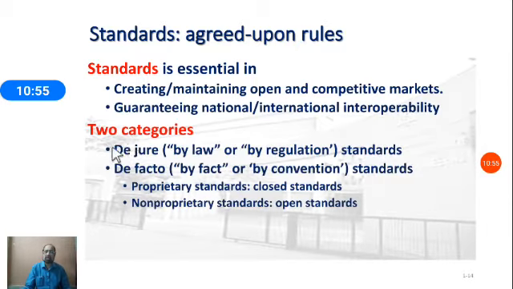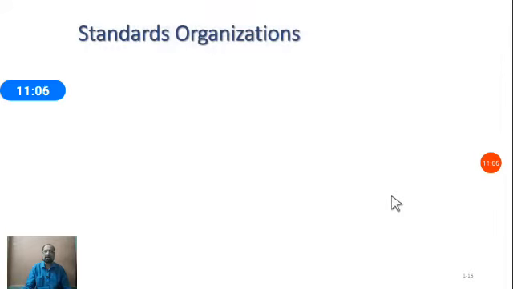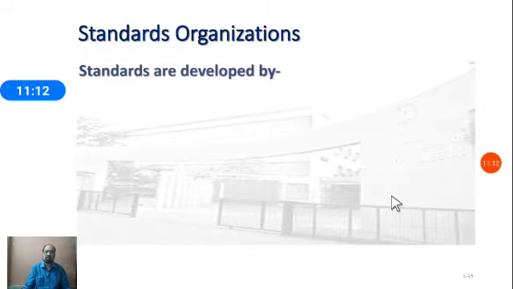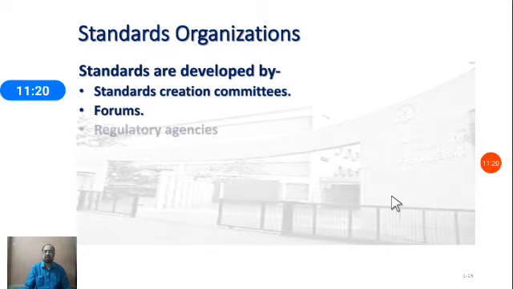So there are two categories: by laws or by regulations the standards are defined, or by fact, what the standard says, we also have to follow the guidelines given by the standards. So who provides all these standards? Certain organizations define the rules for us; they have different committees for that. The standard creation committees are the forums and regulatory agencies.